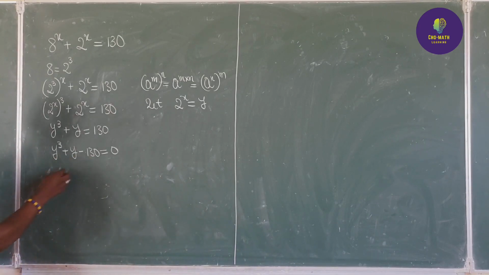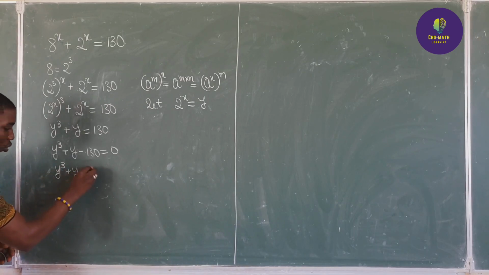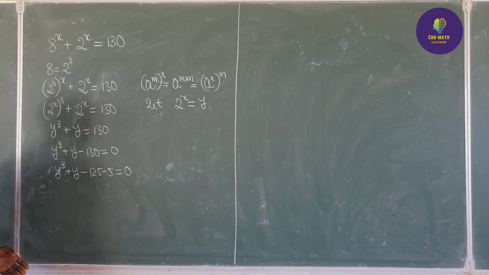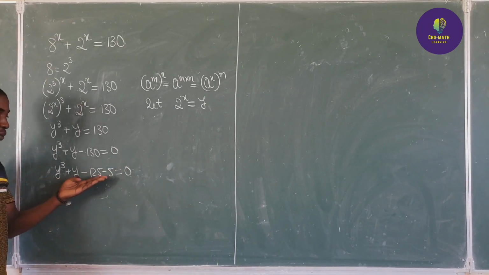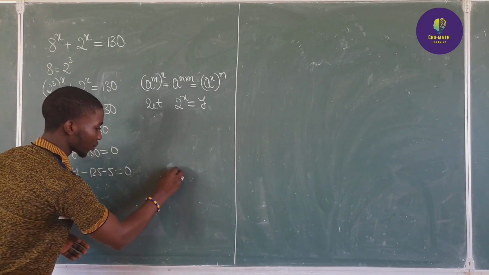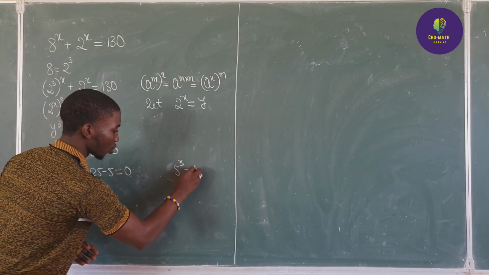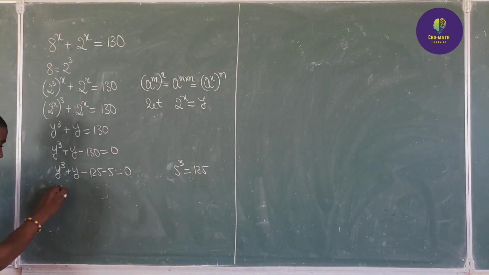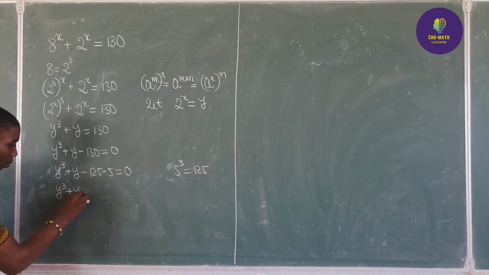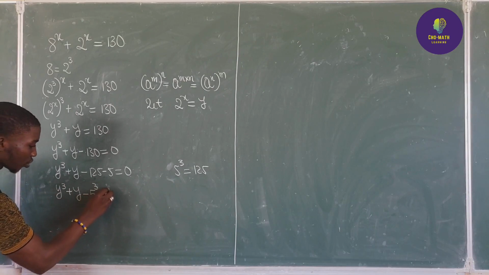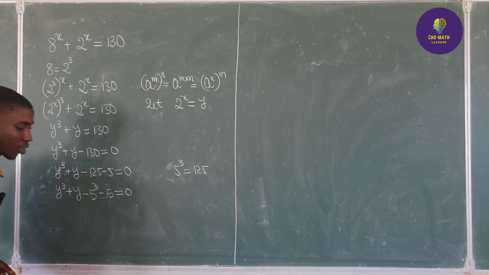So I'll decompose this and I have y cubed plus y minus 125 minus 5 is equal to 0, since negative 125 minus 5 is equal to negative 130, and we also know that 5 cubed is equal to 125. Here we have y cubed plus y minus, I'm going to replace this by this, minus 5 cubed minus 5 be equal to 0.